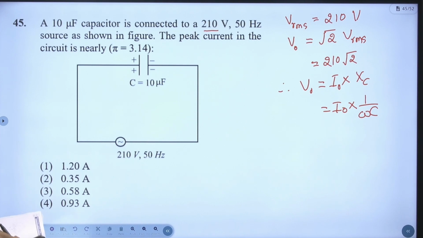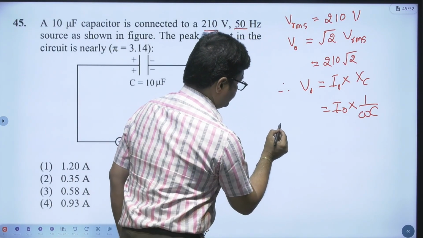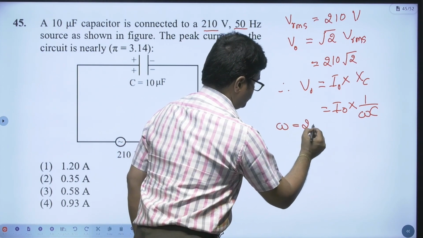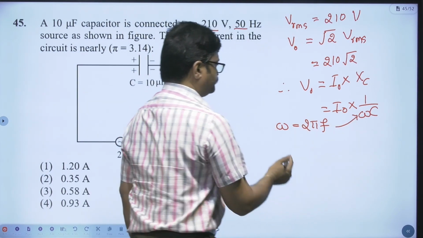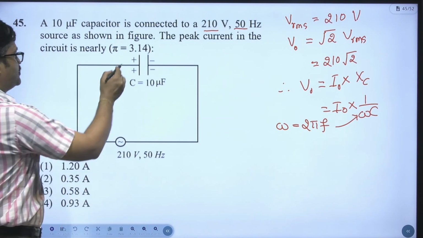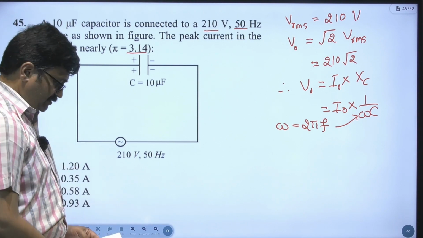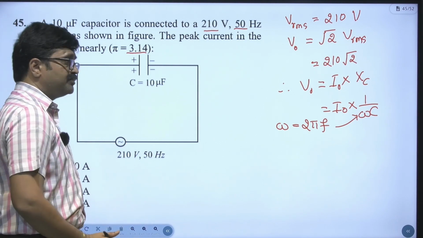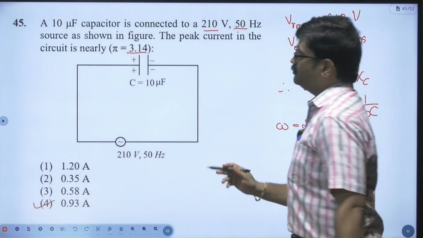So we can calculate I0 very easily in this question, is it not, my dear friends? If you key in all the values, note that they have given us frequency 50 Hertz. So from this you calculate omega is equal to 2 pi f. You put in all the values given, and they have asked us to approximate pi as 3.14. If you approximate it like this, then we should be getting 0.93 ampere. So this is option number 4.